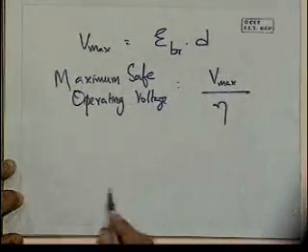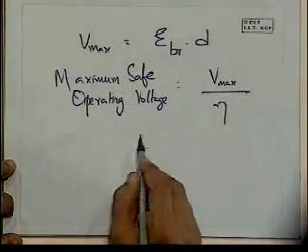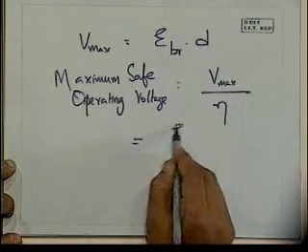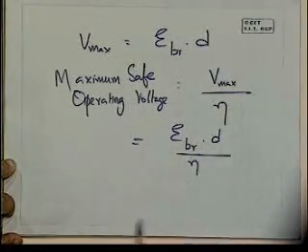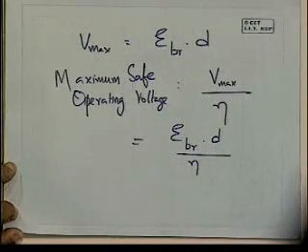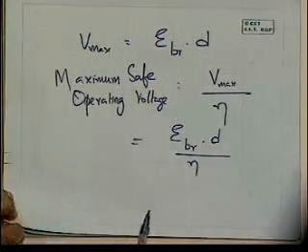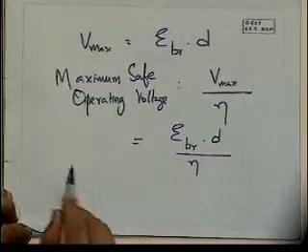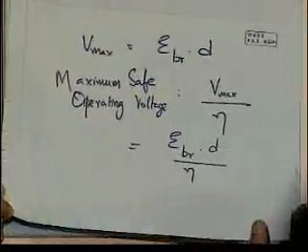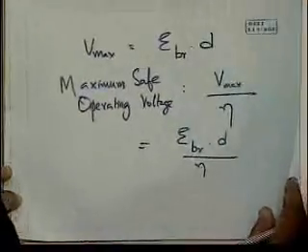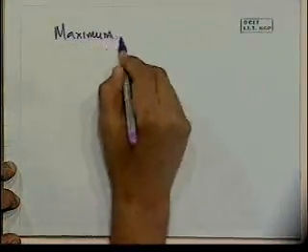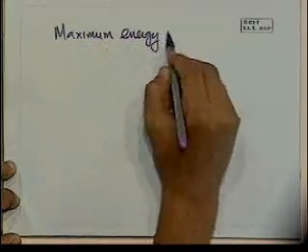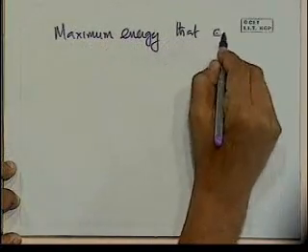I'm derating it, we say, once, twice. So this can be written as equal to the breakdown field strength times D by eta, where eta is greater than 1. That's where you get a lower voltage than the maximum voltage. There's another term also, the maximum energy that can be stored per unit volume.